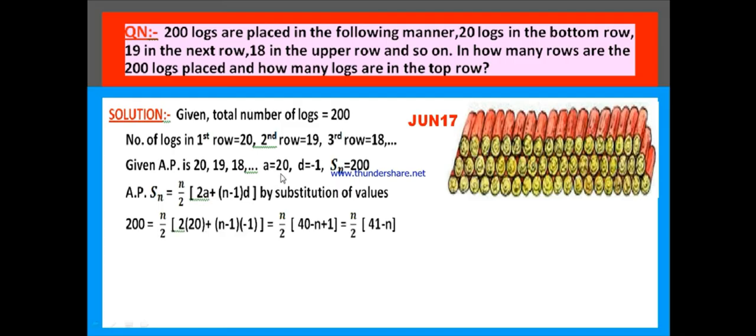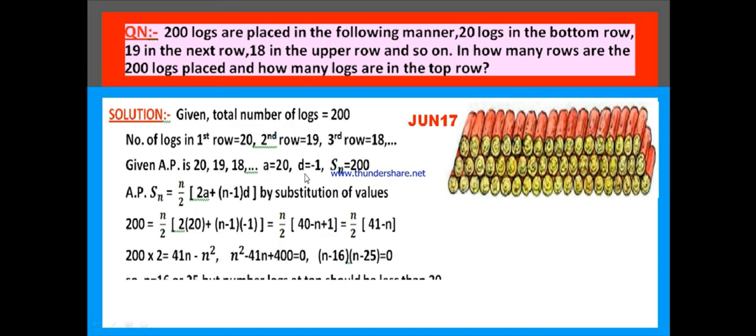Here a is equal to 20, and common difference d is a2 minus a1, 19 minus 20, which is minus 1. And the sum of all the terms should be 200. Then write the formula for Sn in AP.